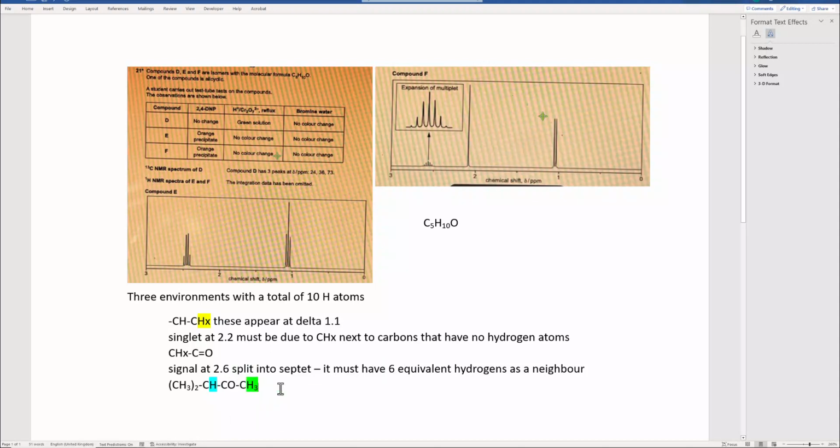This has been split into a septet, so this CH is due to the signal at 2.6, and this (CH3)2 is a doublet at 1.1. Let me just colour those in as well, just to make it nice. And there we have the structure.